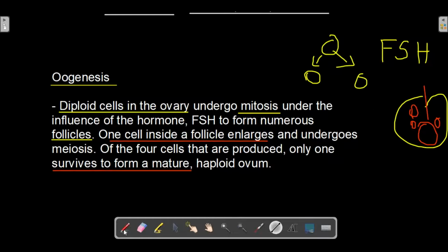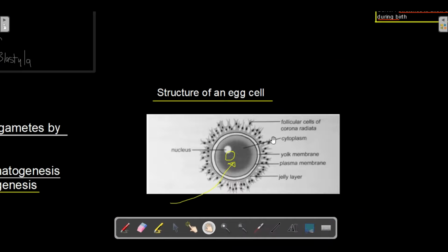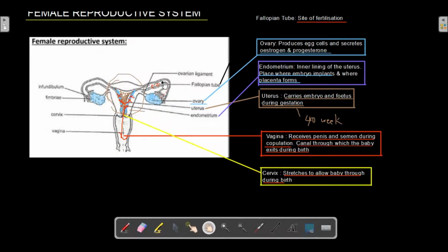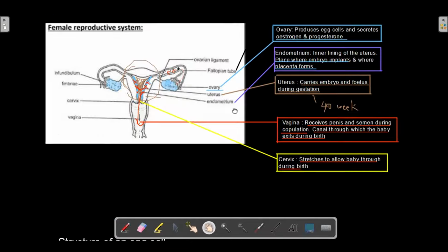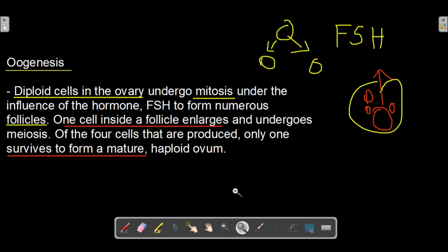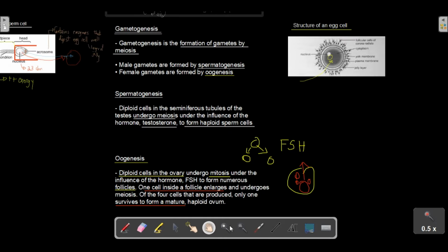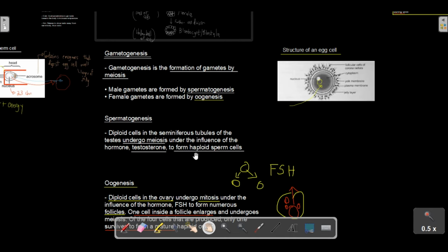Only one cell will burst out of the ovary and travel to the fallopian tube to wait for the sperm cell. So that is oogenesis, a much more detailed gametogenesis. Again, I'll look for a better version of spermatogenesis.